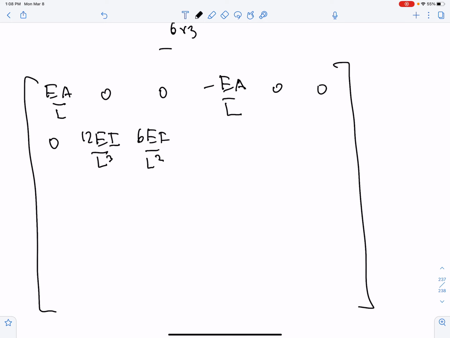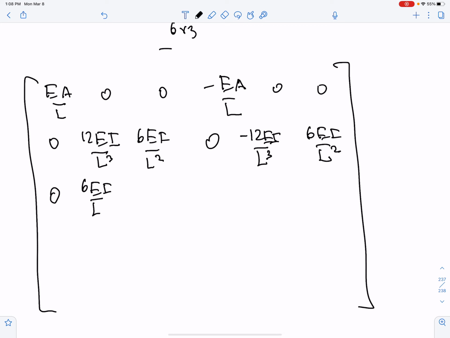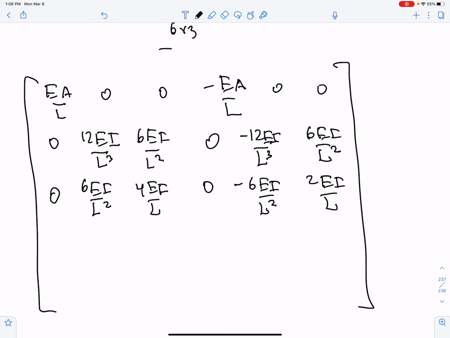So you're starting to see that the matrix is starting to mix different dimensions. 0, minus 12 EI over L cubed, and then 6 EI over L squared, okay? 0, 6 EI over L squared, 4 EI over L, 0, minus 6 EI over L squared, 2 EI over L. Okay.